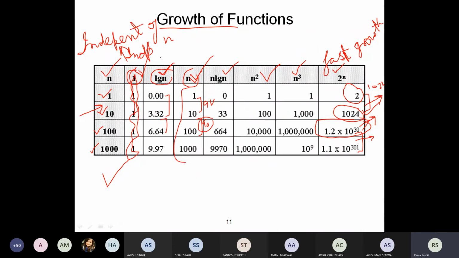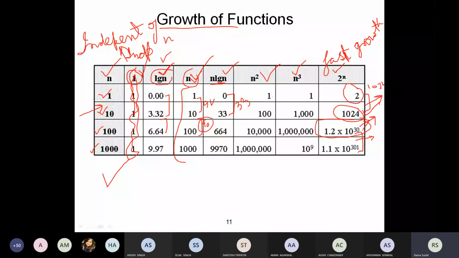So this is better than this, and similarly log n is better than n log n, because if you observe the difference at the first stage, the time requirement is changing at a rate of 33 here, and here it is 3.32. So log n is considered better than n log n. And in case of n square also you can easily compare.